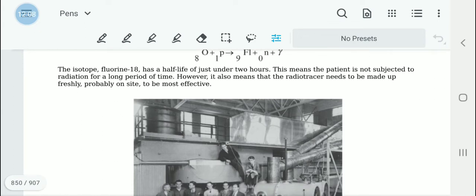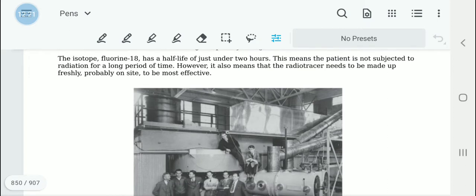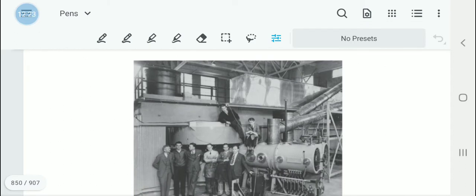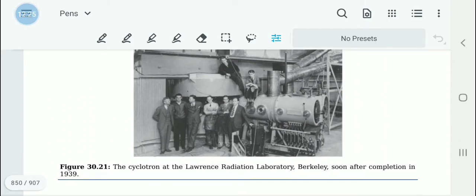Because fluorine 18 has a half-life of only 2 hours, the patient is not going to be exposed to this radiation for a long time. And also, it should be made at the same place itself.